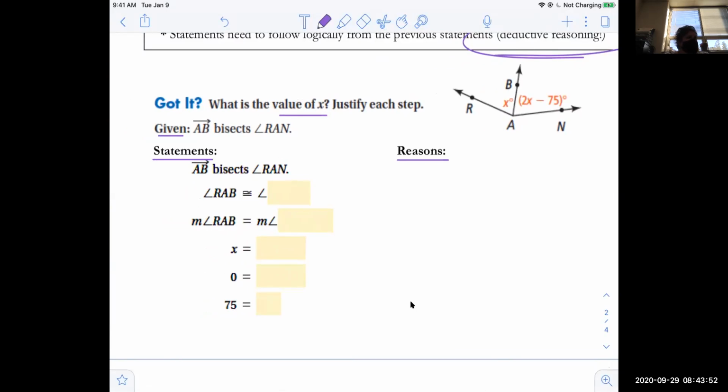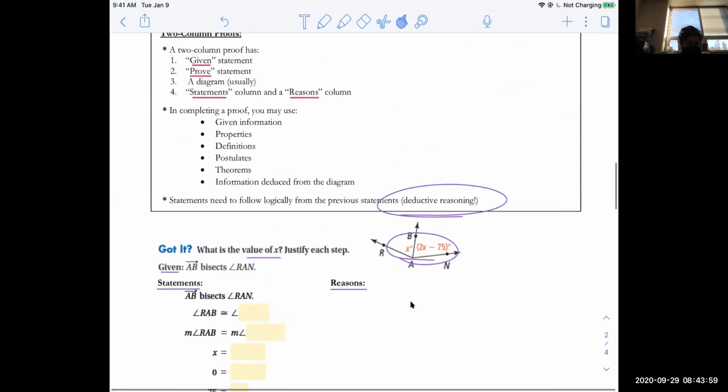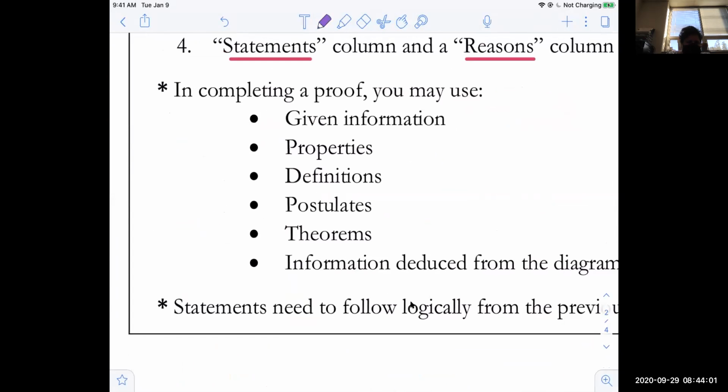Now, what else you were given is the stuff that's on the picture over here. Sometimes there will be information on a diagram. Oh, I kind of skipped over this. Here's the things that you're allowed to use when you're doing a proof. There will be information given, and then you can always grab properties, definitions, postulates that we've already discussed. There will be theorems as we go through the material. There's going to be theorems introduced that you can use.